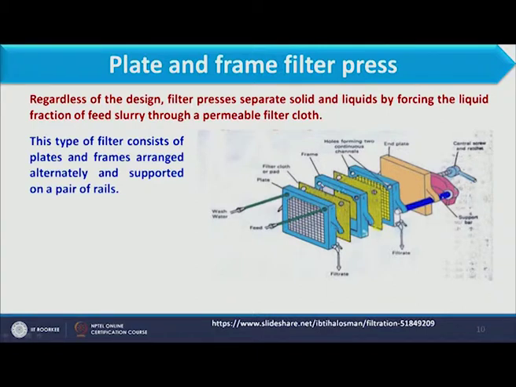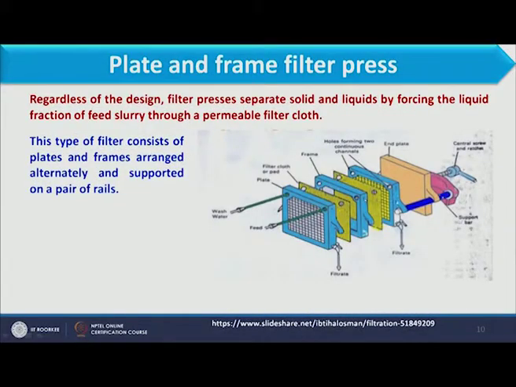And as the frame is empty, in this figure we have plate 1 and plate 2, and in between we have the frame. The frame is always placed between plate 1 and plate 2, and similarly after the second plate we put a frame, then plate, then frame, then plate; like this it is arranged in a series.